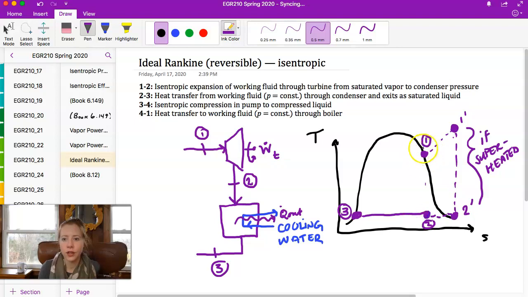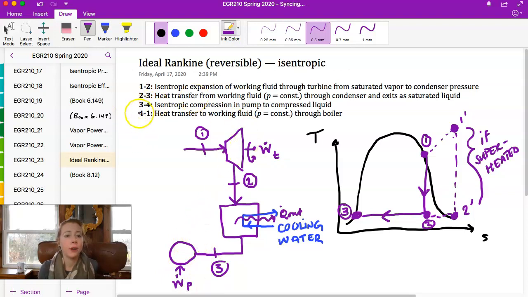So let's draw this. So we have 1 to 2 to 3. And then we have our pump. And we have work going in to our pump.